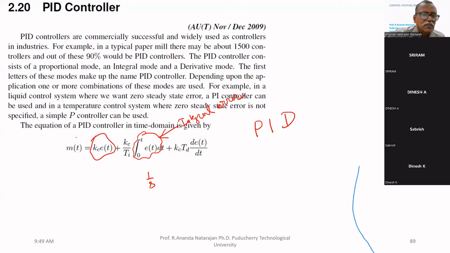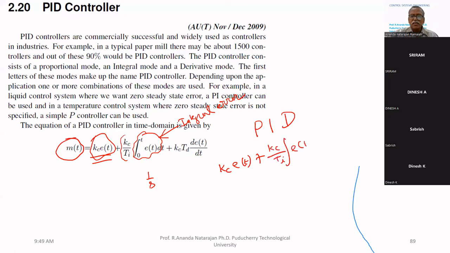The input to the system is M of t equal to Kc E of t, plus the integral error compensation, Kc by Ti times the integral of E of t, plus the derivative error compensation, Kc Td d by dt.